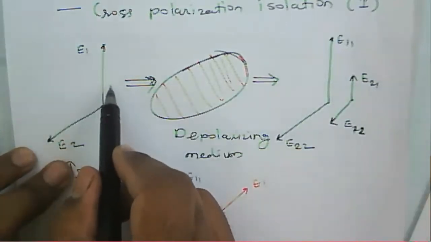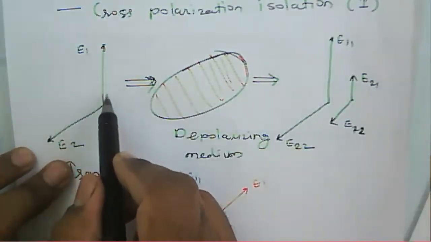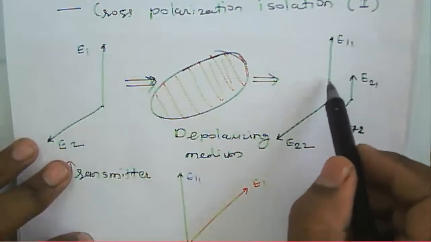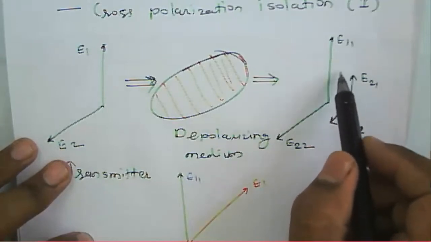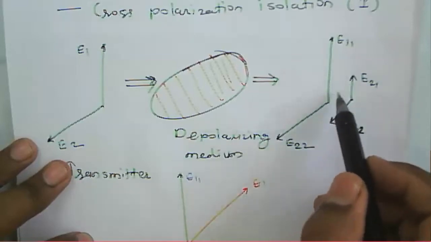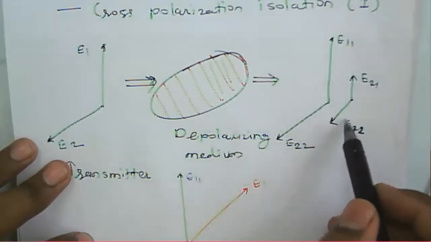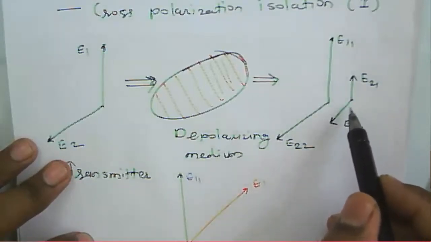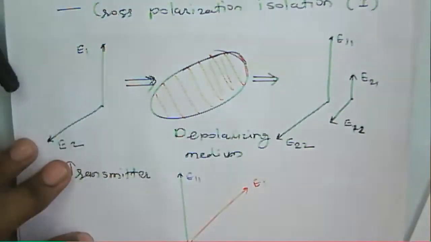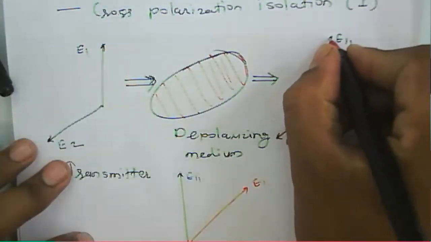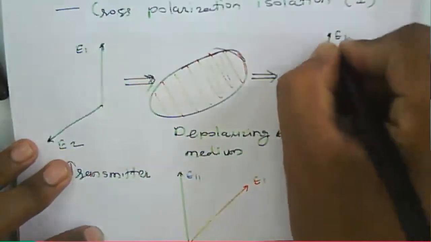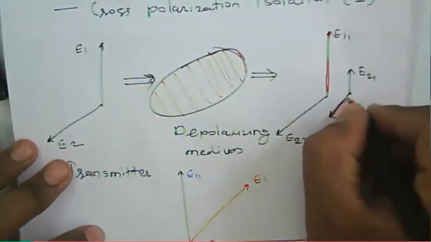E1 is decomposed into E11, in the vertical direction, and a cross polarized vector, E12, in the horizontal direction.